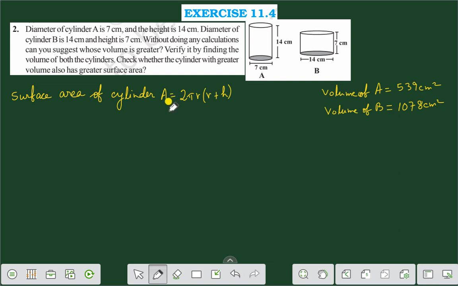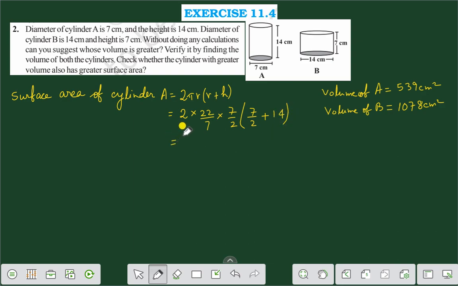The value of pi is 22 by 7, into radius. Here the diameter is 7 centimeter, therefore radius will be 7 by 2, into again radius 7 by 2, plus height is 14 centimeter.